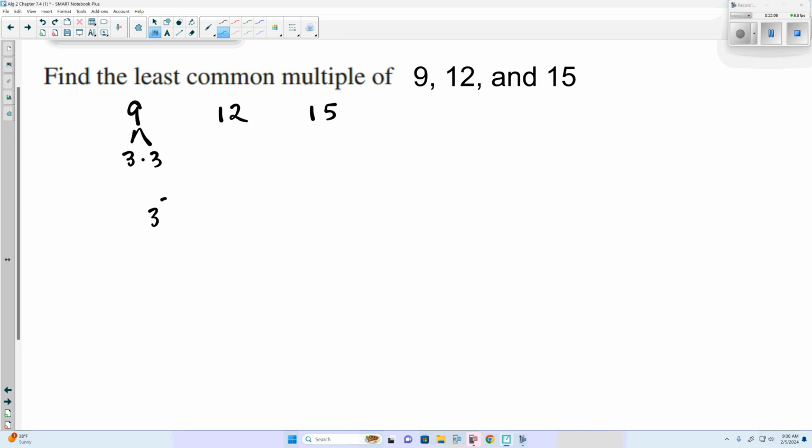So we have 3 squared. 12: 2 times 6. 6 is 2 times 3. Now we have 2 2s, so that would be 2 squared. And we have 1 3, so it'd be 2 squared times 3. 15: 3 and 5.